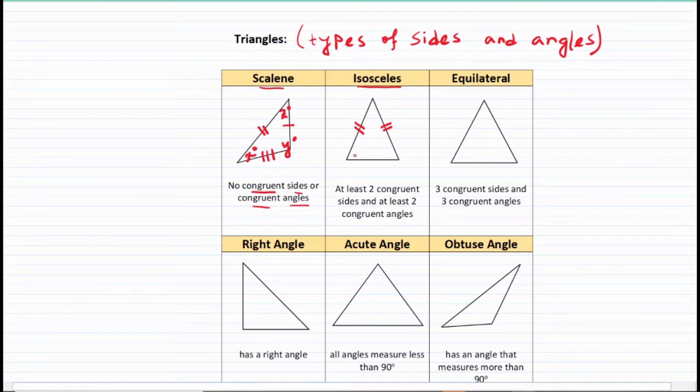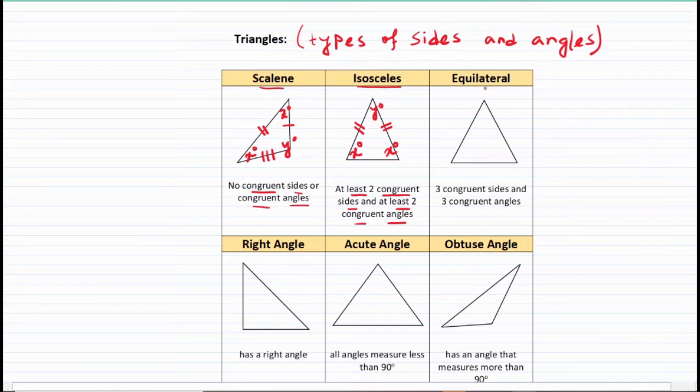And at the same time, we can see over here this angle of this triangle is equal to this angle, whereas this top angle is of different measurement. So, isosceles triangles are those which will have at least two congruent sides and at least two congruent angles.